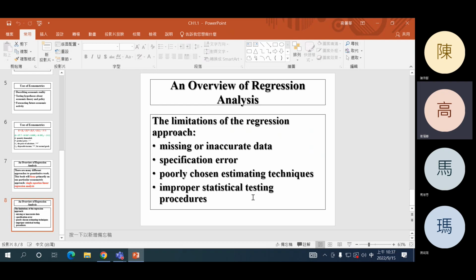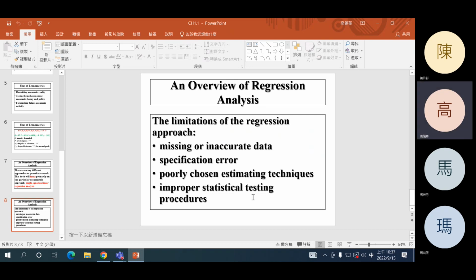Then we will study hypothesis testing, and there we will learn how to do the statistical testing procedures in order to test this relationship and get the correct result.